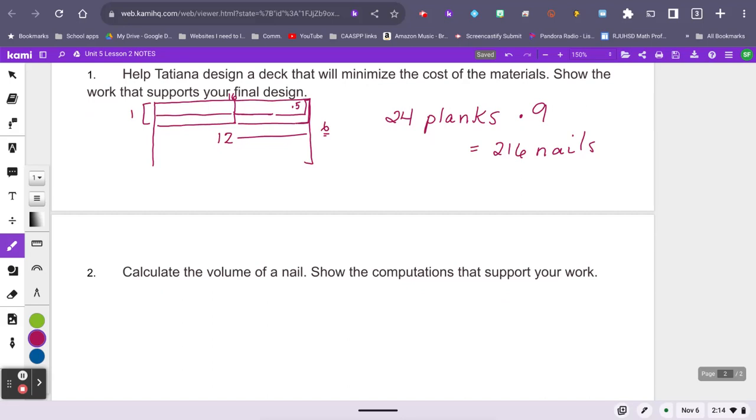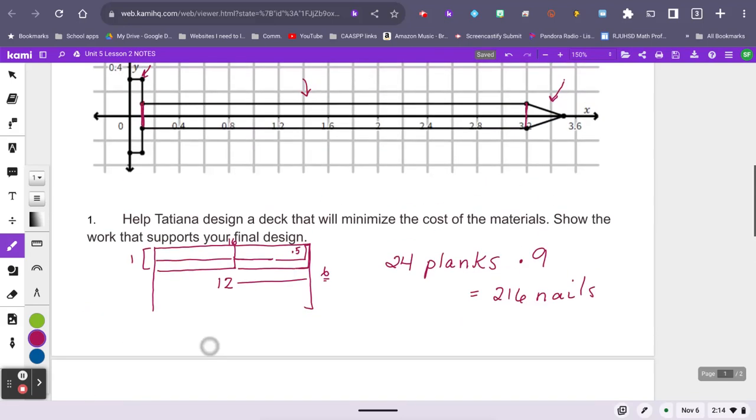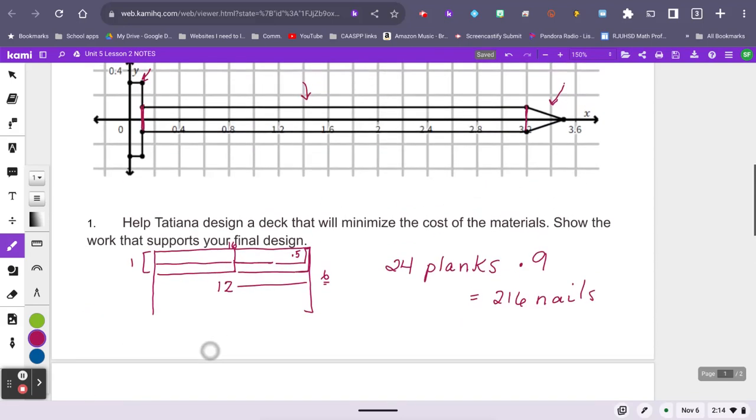Okay, so for the volume of the first part, we can see that the diameter is about 0.3, and the height is about 0.1. Each of these gray lines is 0.2.